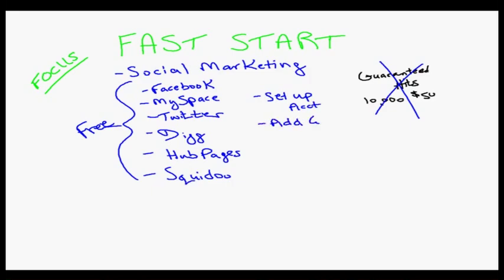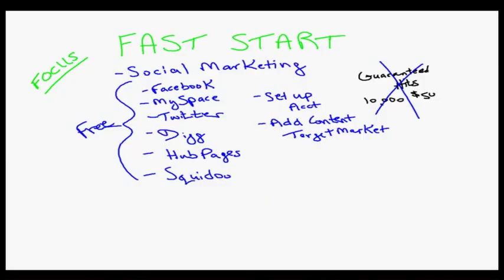And as you can probably guess, you want to add content that's targeted to your target market. Say you set up a hub page. Again, if it's about golf equipment, you start talking about golf equipment, golf clubs, everything else, and you post on a regular basis.